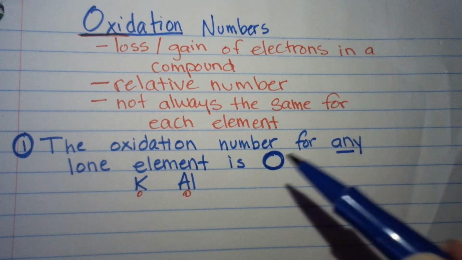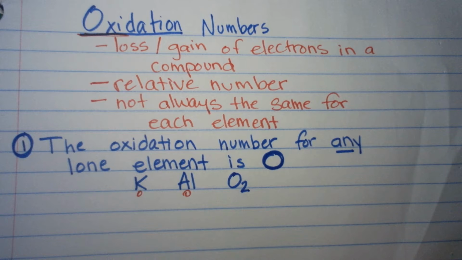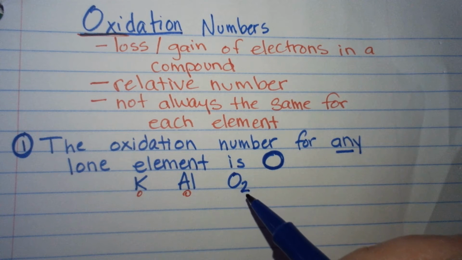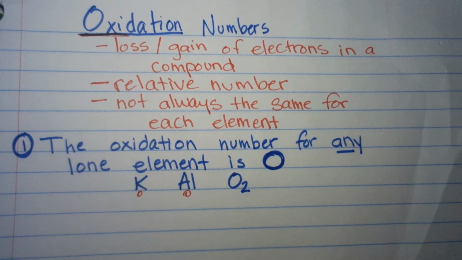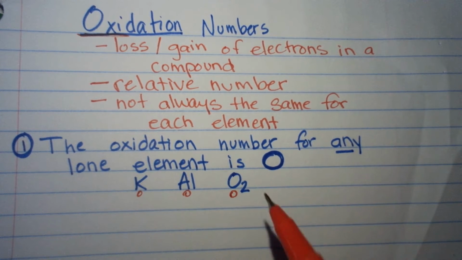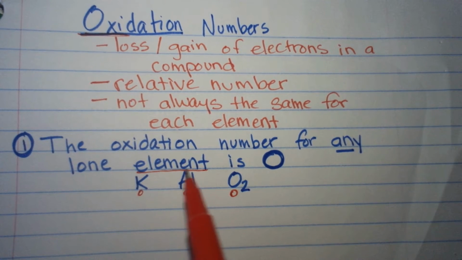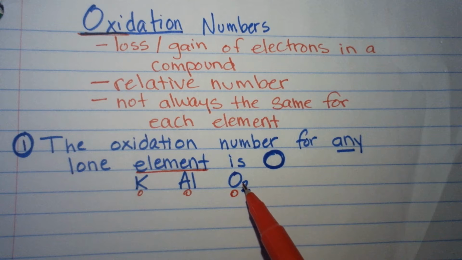There are a couple of things to make sure you know. If I have oxygen, even though it has a subscript, so it's in a molecular form, the oxidation number is still going to be 0 because it's an element. They're still the same. They have the same electronegativity, the same pull on the electrons.